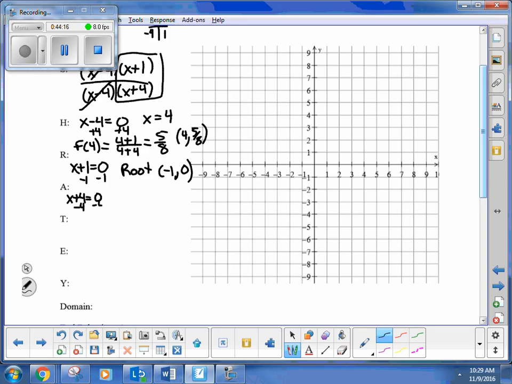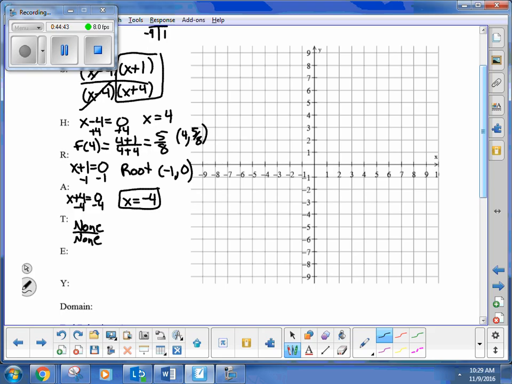So subtract 4, x is equal to -4. So that's what we have there. Now, as far as turns and tangents, there is none in either one. None in the aspect of turns, because there's no multiplicity there, and none in the aspect of tangents.